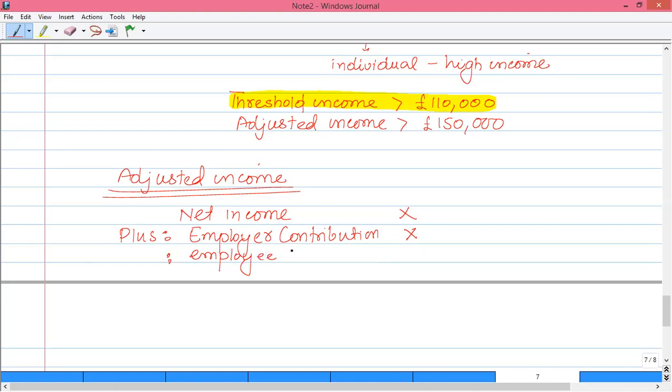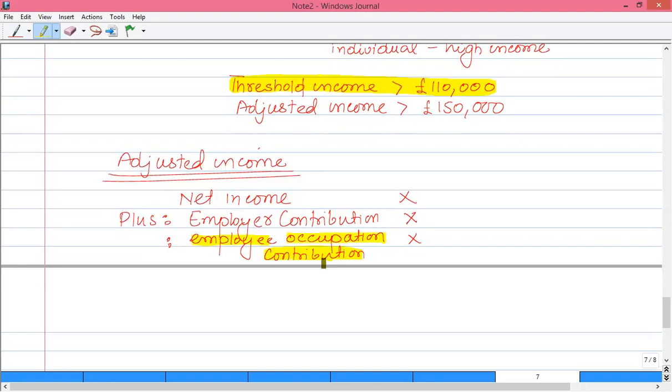But this employee contribution is only the occupational contribution. So you can add any employer contribution, but as far as the employee contribution is concerned, it will be only the occupational part. There is no personal pension contribution that you will add to net income in order to make it adjusted income. In this way, you can find out your adjusted income.